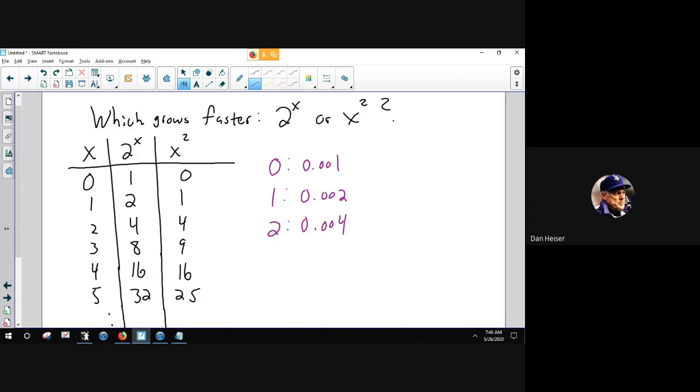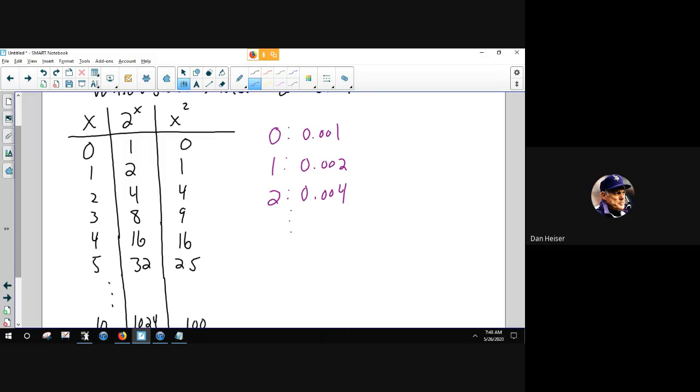However, by the time we get to, let's drop down to the fifth fold. Which again, doesn't seem like much, but it's 32 times thicker than it was when we started. 32 times.